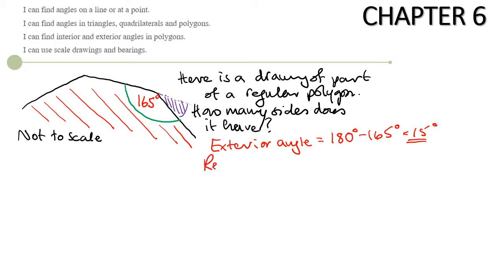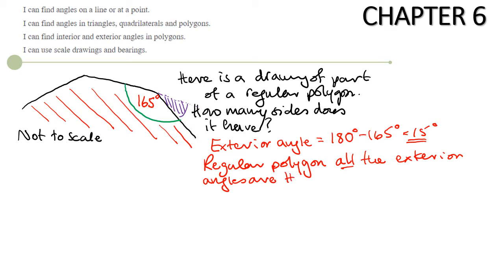And if this is a regular polygon, where we know that all the angles are the same, they're all going to be 15. All the exterior angles are the same, and they add up to 360 degrees.